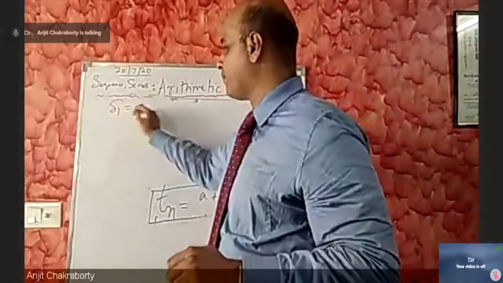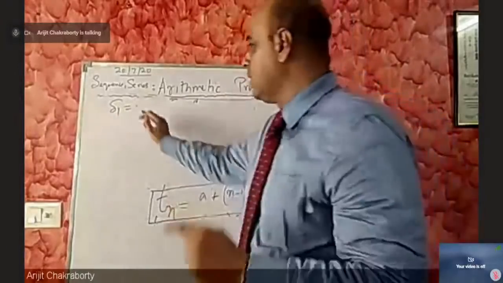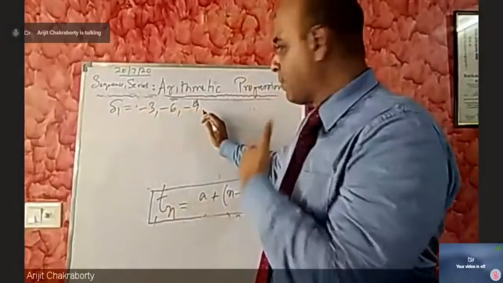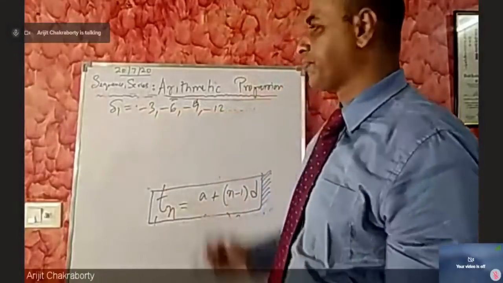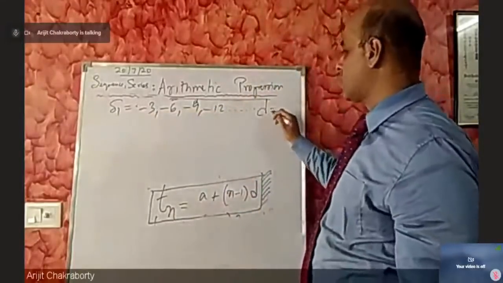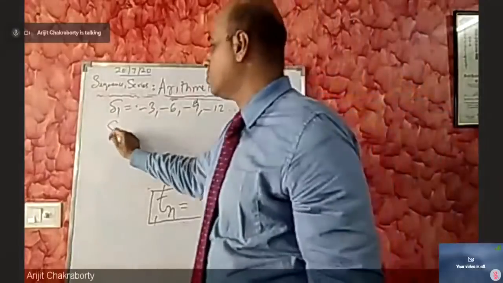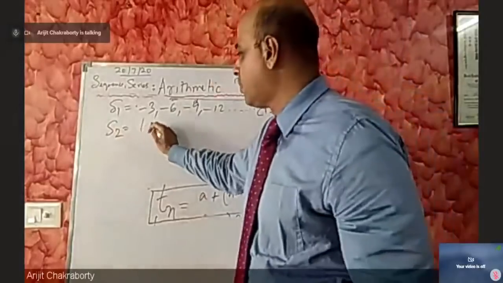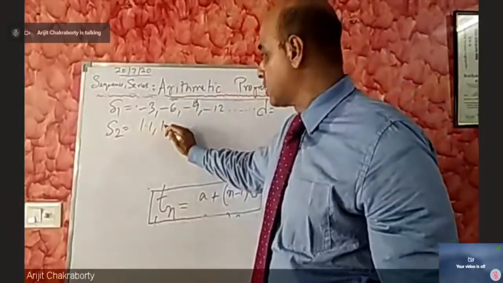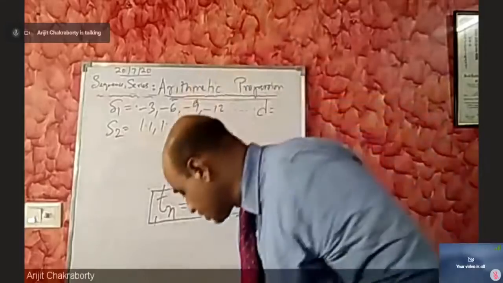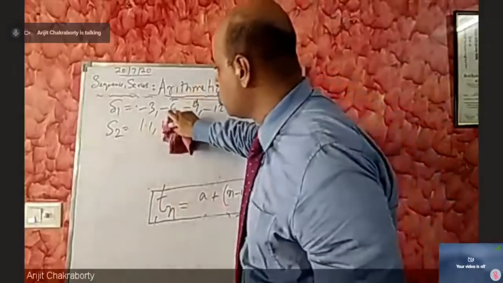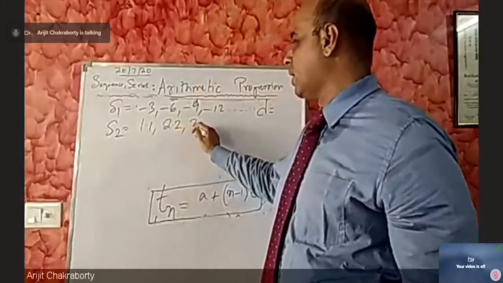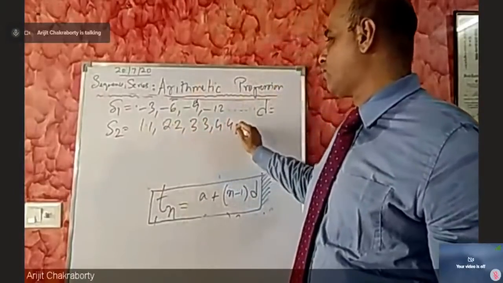Series 1: -3, -6, -9, -12, and so on. You have to find out the common difference. Series 2: 1.1, 2.2, 3.3, 4.4, and so on.